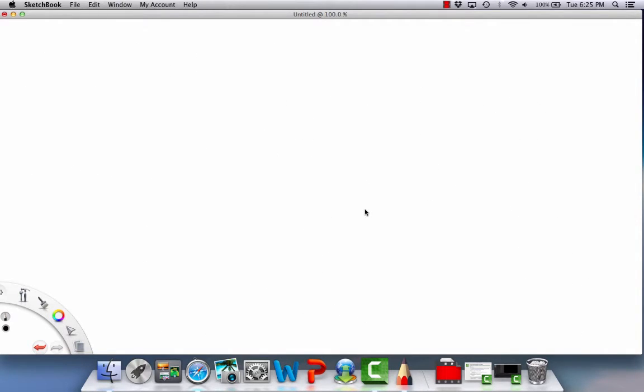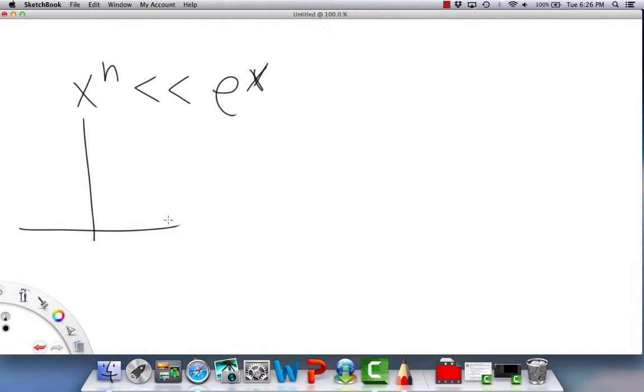Alright, now for a last point. So a special case is when x to the n, so n is any exponent, is always going to grow slower than e to the x. No matter if you have n equals 1,000 or something, it's still going to grow slower in the long run than e to the x. Because the graph is going to look something like that.